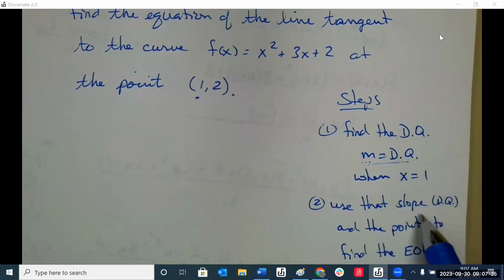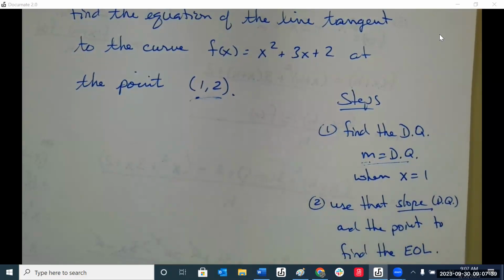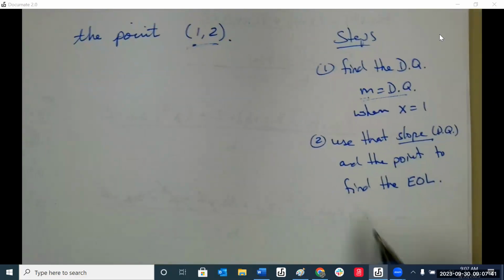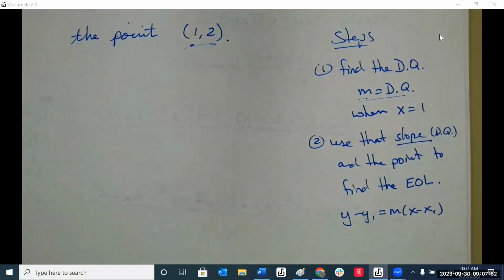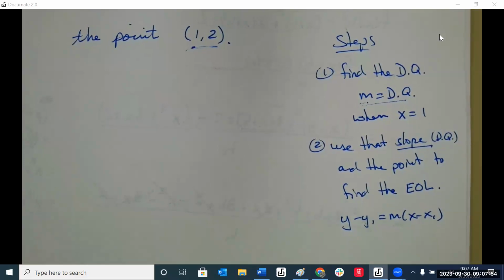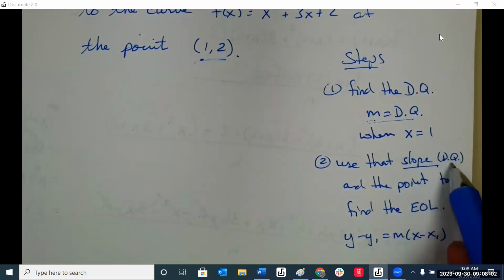Take that slope and the point that's given and find the equation by using this equation. The DQ is difference quotient.